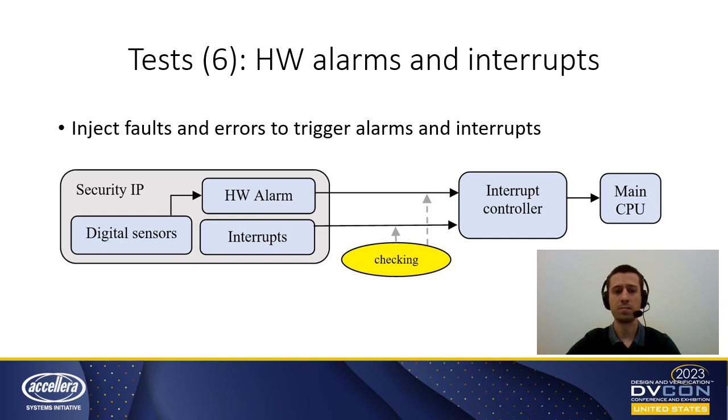Regarding interrupts, there are different sources of interrupts like ECC errors, OTP errors, and authentication errors. We need to check that all of these propagate to our interrupt controller, and depending on mask configuration, that interrupt controller forwards this information to the main CPU.